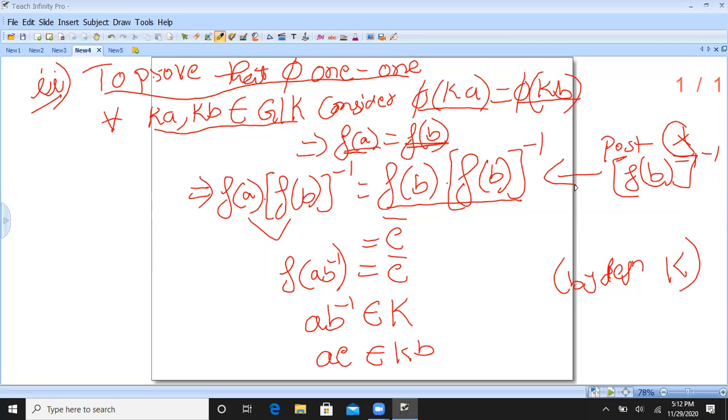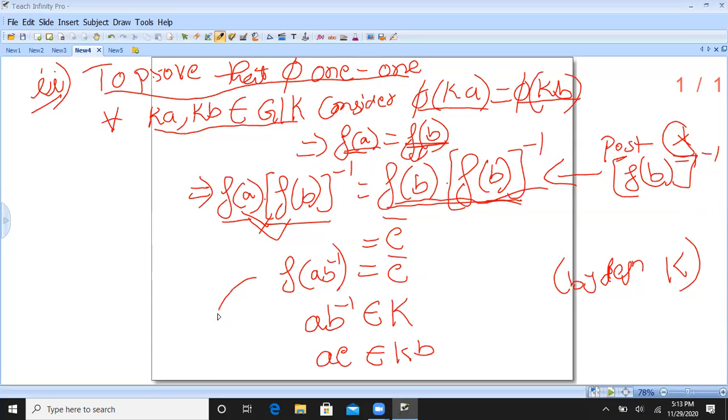We wrote f of A as it is, multiplied by f of B whole inverse, is equal to f of B into f of B whole inverse. The value of f of B into f of B whole inverse is E bar. So f of AB inverse is equal to E bar.